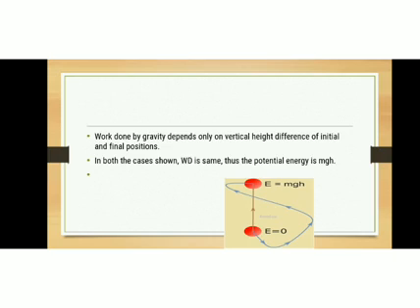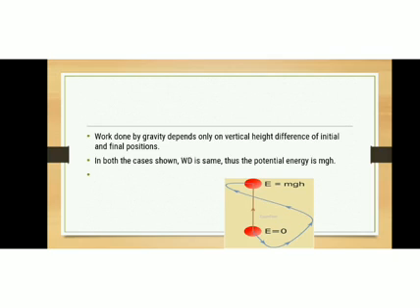isn't it? For this vertical path, initial position is E equal to 0 and final position is E equal to mgh, because the object has been raised from E equal to 0 to E equal to mgh. And for the second path, which is the curved path represented by this blue curve, initial point is E equal to 0 and final point is E equal to mgh.